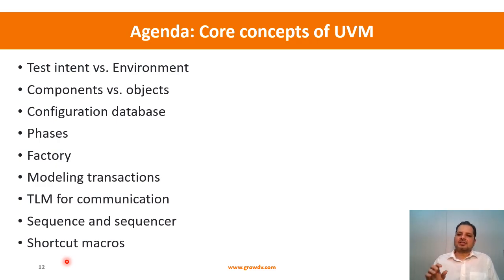So certain sequences are created as macros. Instead of having to call 3 or 4 functions manually, one after another, like I want to do some randomization, then in a sequence I want to randomize a sequence item, then send it to the sequencer for arbitration, let's say there are 2 to 3 steps involved in doing that, I can use one macro and it will be able to do that. So this concept of shortcut macros will be there.